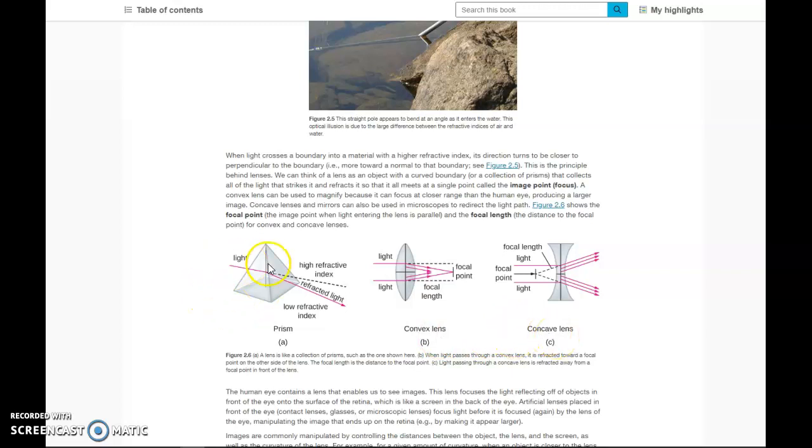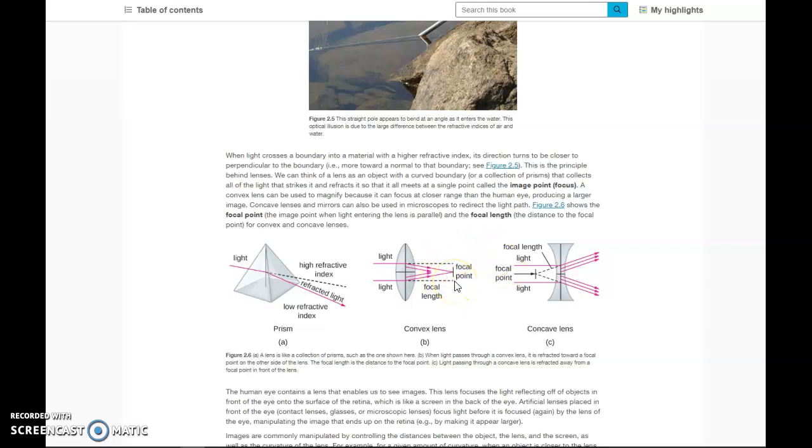You can see that we get different refractions with each one of those. The idea here is that we want to have some sort of focal point. The focal point is the image point when light entering the lens is parallel, because you have to consider that whatever we're looking at, we're going to have this focal point.